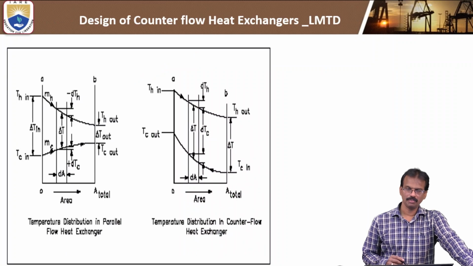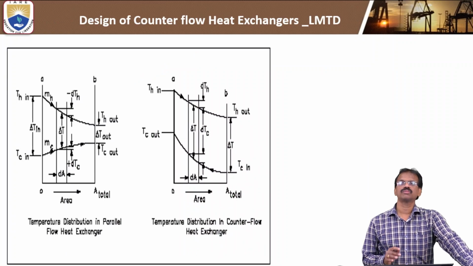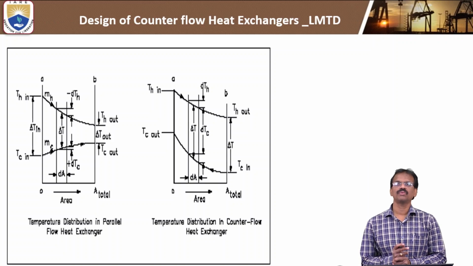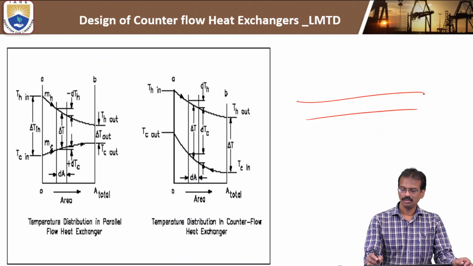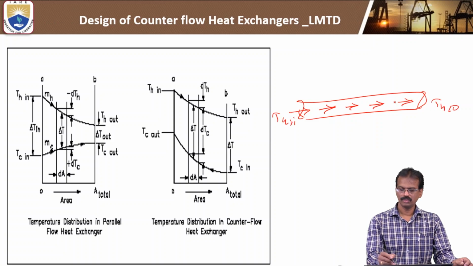This is the temperature profile. So you know this one. What is counterflow? In a counterflow heat exchanger, heat transfer takes place between two fluids which are separated by some wall. Hot fluid enters at Th1 and leaves at the hot fluid outlet.